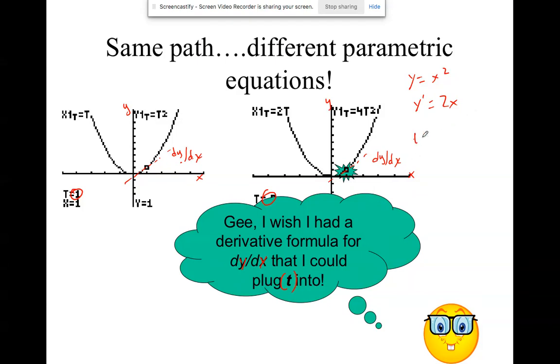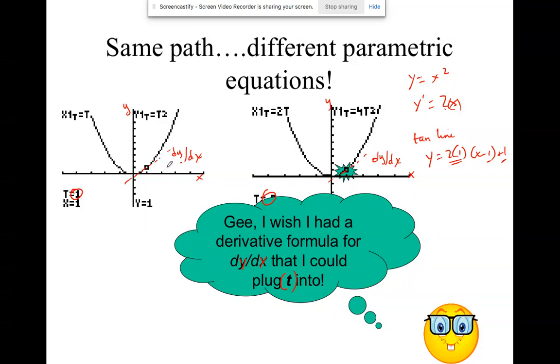My tangent line would be y equals 2 times x, and my x in both cases was 1. That's the slope times x minus 1 plus 1. At the point 1, 1, the slope was 2. That's the equation of this tangent line.